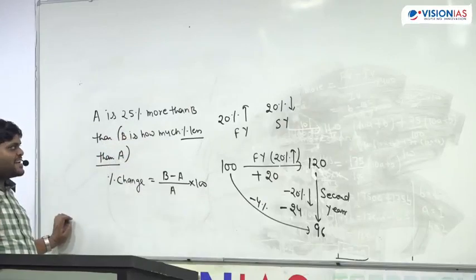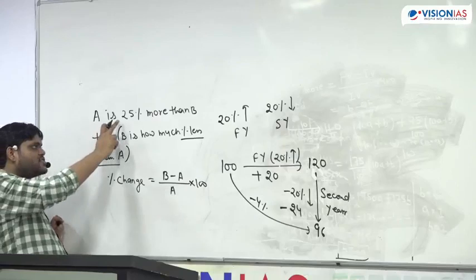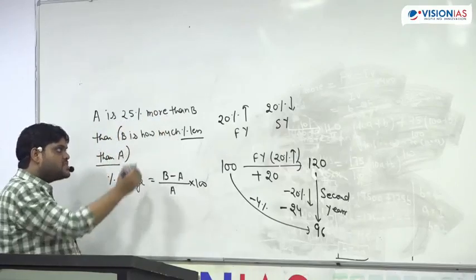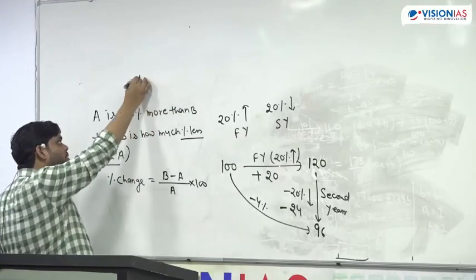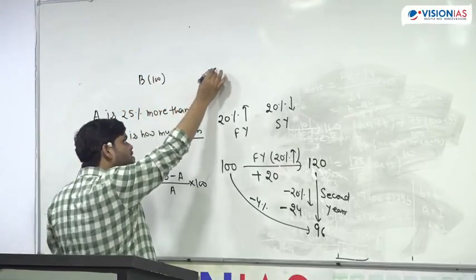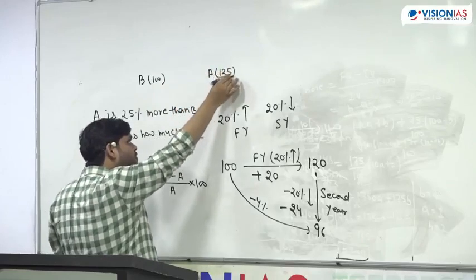Now what is the relationship given between A and B? A is 25% more than B. So if we take B as 100, A becomes 125. Why?